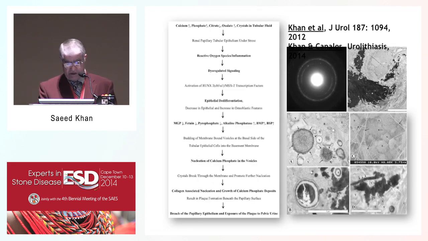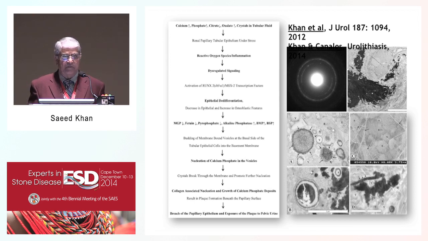It is my theory that if there is a problem with calcium phosphate, citrate, oxalate, crystals in the tubular fluid, the renal papillary tubular epithelium goes under stress, reactive oxygen species are produced, and there is dysregulated signaling which activates a number of transcription factors that convert the epithelial differentiation into bone-type producing cells, and then they start making calcium phosphate deposition on the basal side.